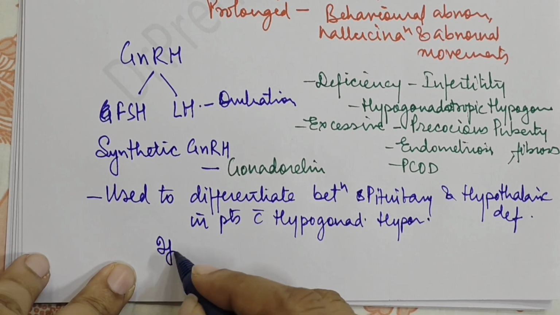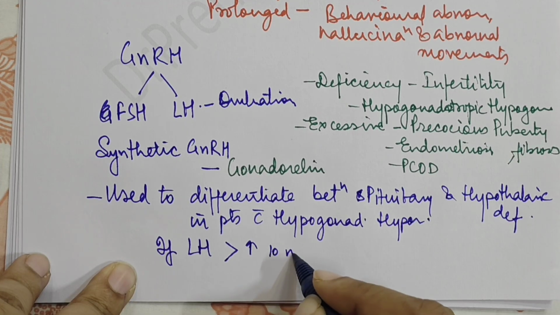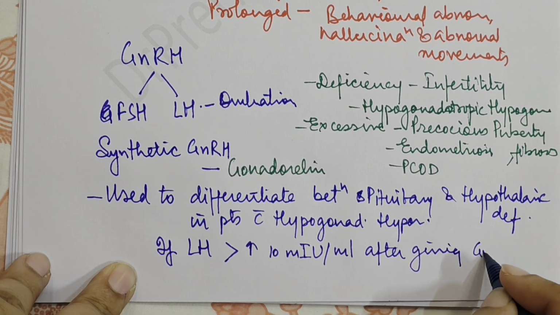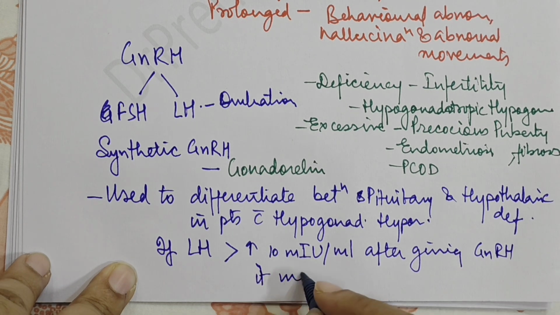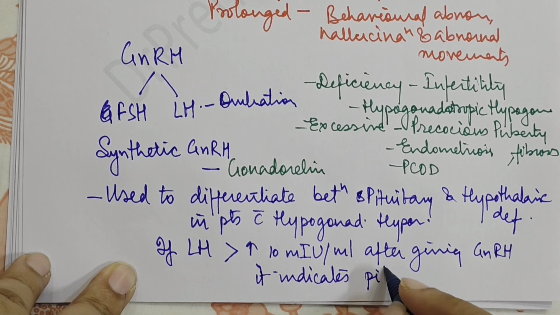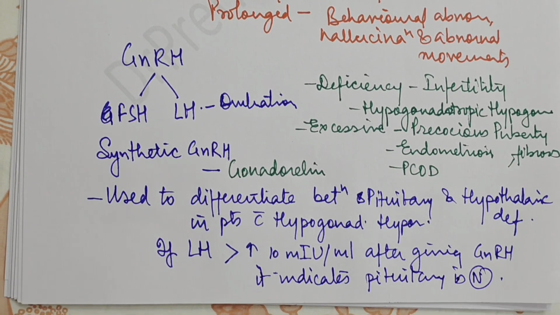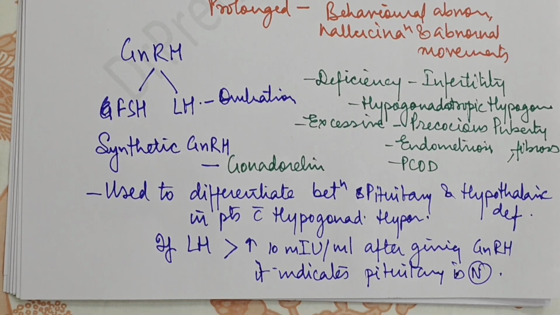So if LH is more than 10 milliequivalent per ml after giving GnRH, then it indicates that pituitary is normal. Okay? So these are our two types of gonadotropin releasing hormones.